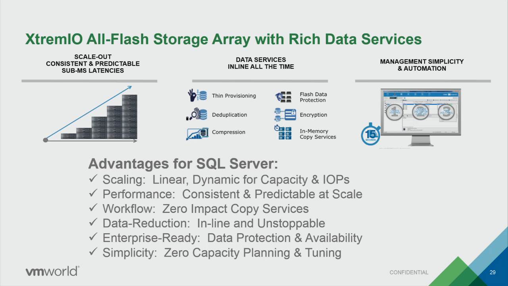What's important is that as you scale, your workload is automatically distributed or rebalanced across all the SSDs, and you're guaranteed to get the performance of the entire cluster when you expand, for any of the SQL Server workloads that you deployed. It also has a rich set of data services that's built into the storage.